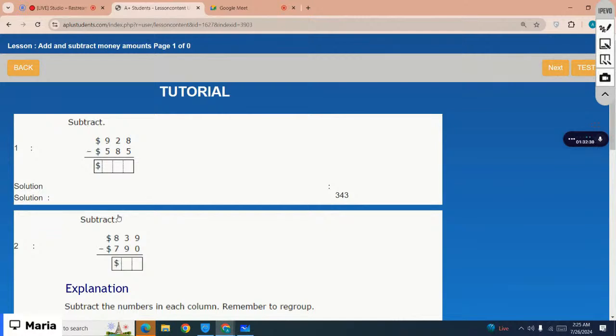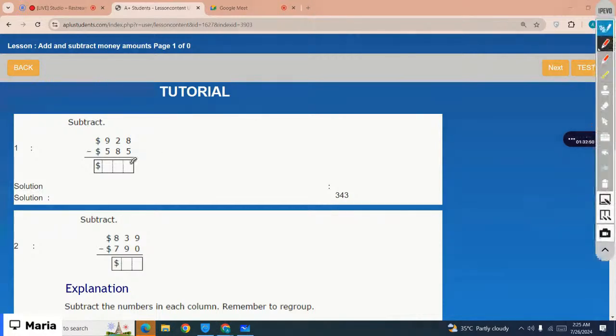So that is 928 minus 595. Simply subtract. Start with the ones: 8 take away 5 is 3. Then you cannot subtract 8 from 2, so you need to borrow 1 from here. You are left with 8 here and 12 here. 12 take away 8, and 8 take away 5 is 3. That is 343, right? So you can add or subtract money amounts exactly the same way as you do numbers.